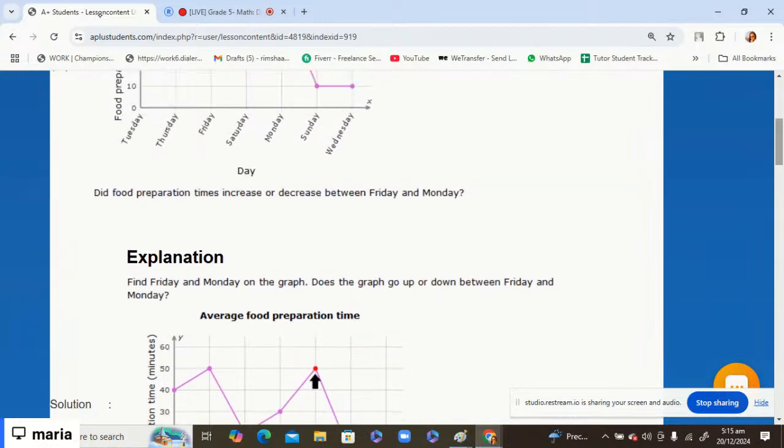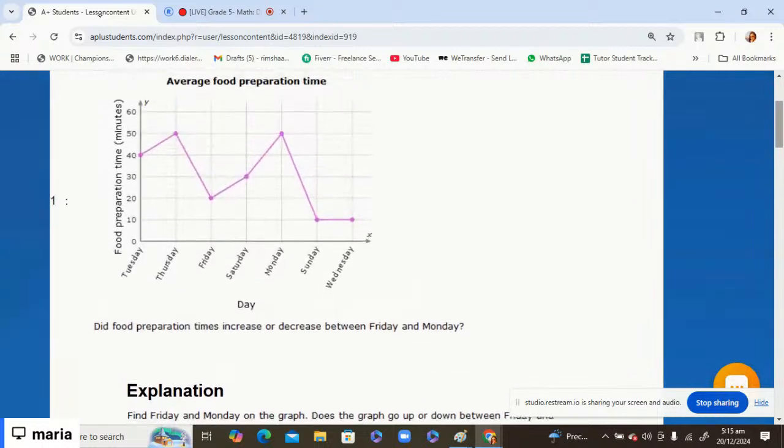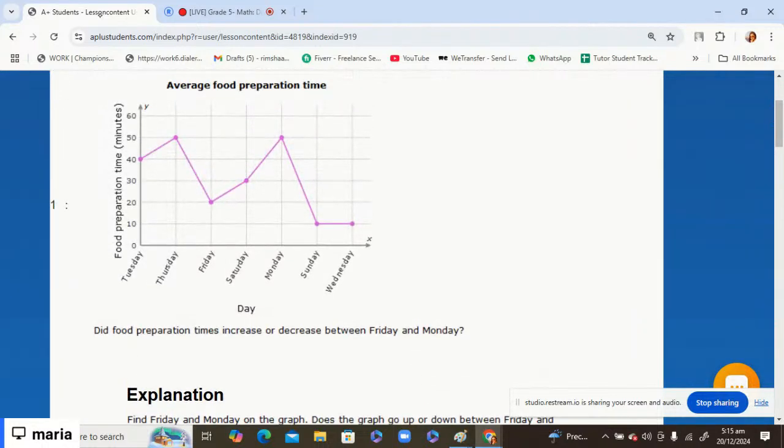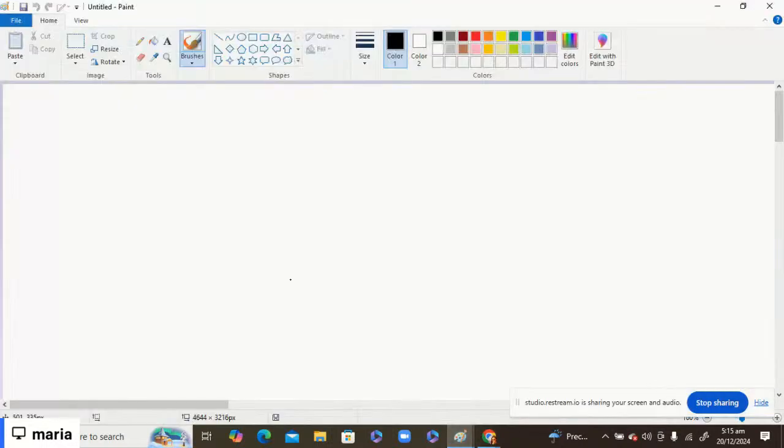They are asking whether it's an increase or decrease. This is the lowest point, this is the highest point, so it's moving from lowest to highest, which means that it increases.